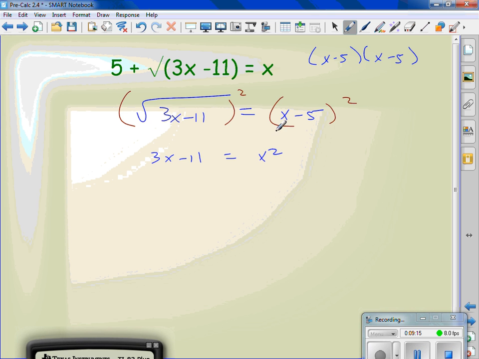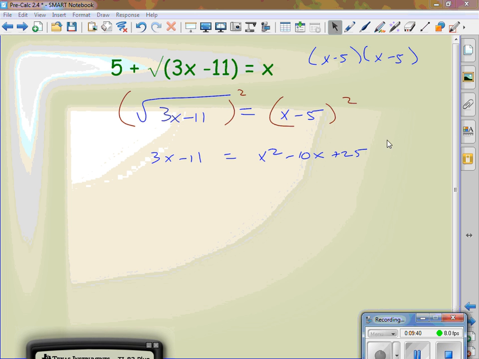Then I take 2 times x times negative 5, negative 10x. And negative 5 squared is 25. It's the same thing as doing the FOIL. It's the shortcut method for when you have a perfect square. It's just this times this and then double it.